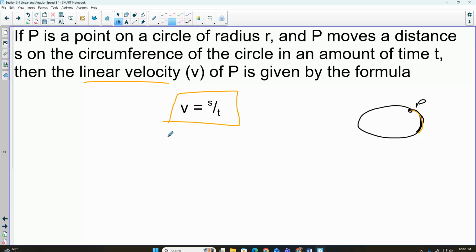We've already seen s before. S we know is arc length or distance on the outside of the circle, t is time. When you see these, that's what you typically think of when you think of speed. So it might be miles per hour, inches per minute, centimeters per second, those types of units. So a linear distance, inches, feet, meters, centimeters, miles, divided by a unit of time.